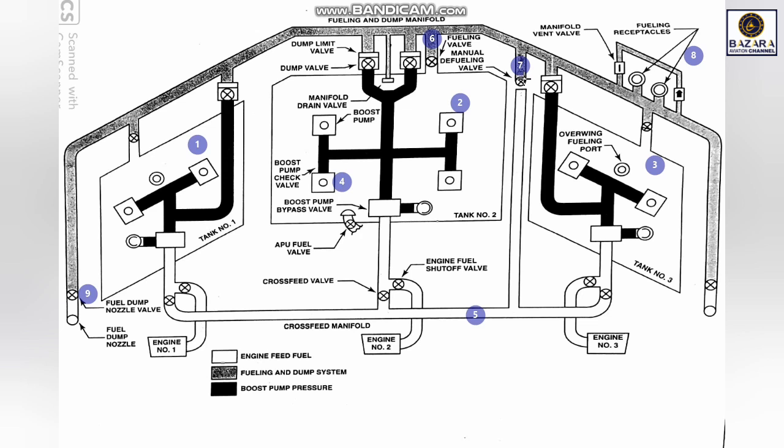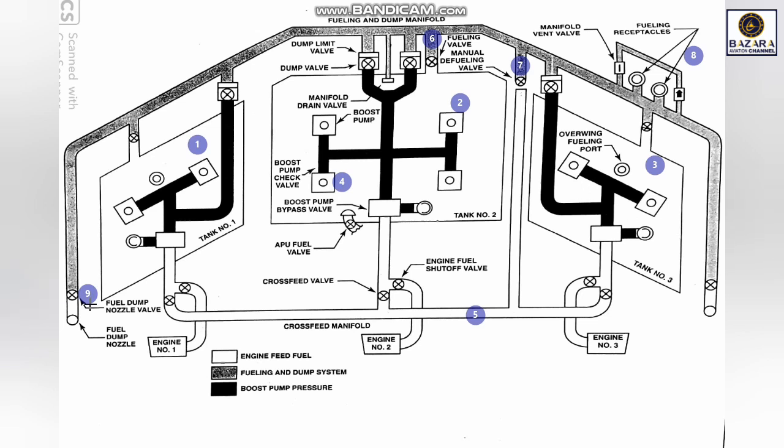What if the aircraft is in flight and there is an imbalance between the left wing and the right wing because of the quantity of fuel? If the quantity of fuel in the right tanks is more than the quantity of fuel in the left tank, the pilot can do something called fuel dumping. How does that work?